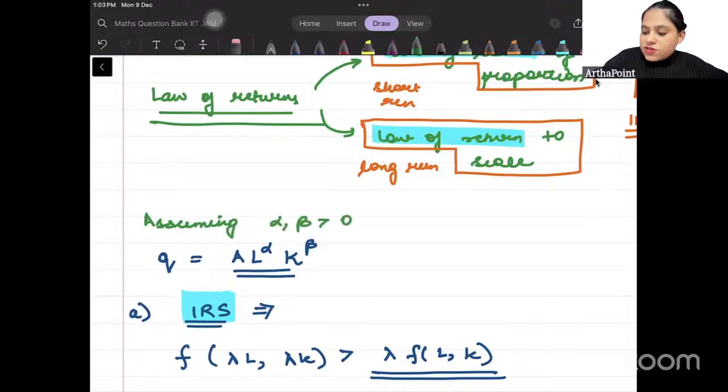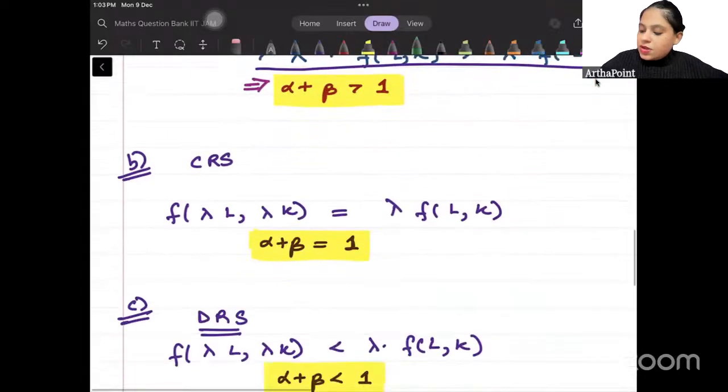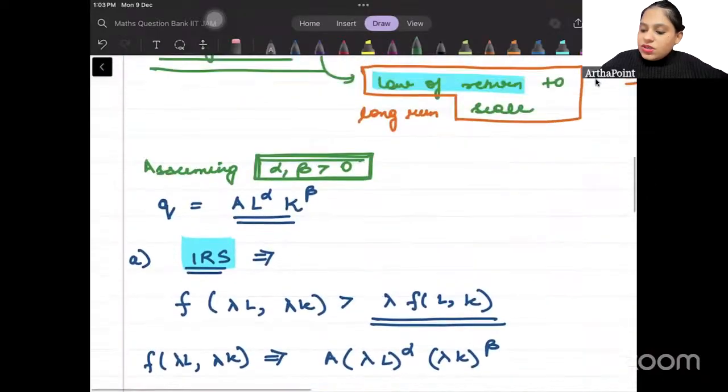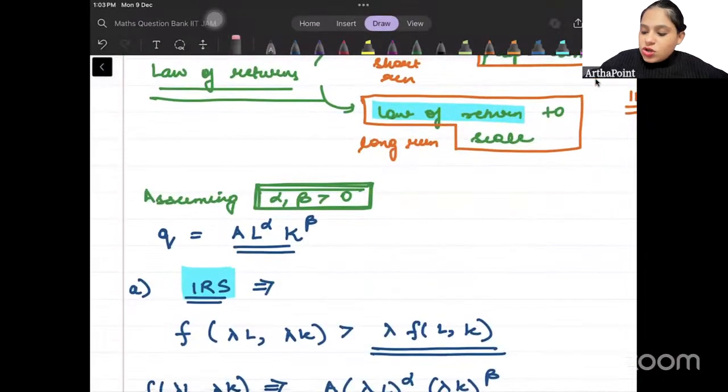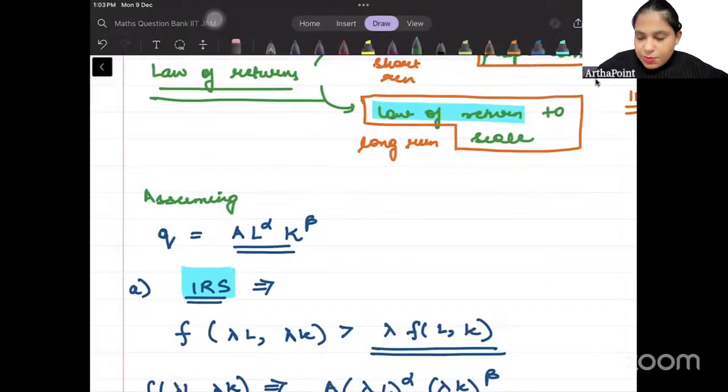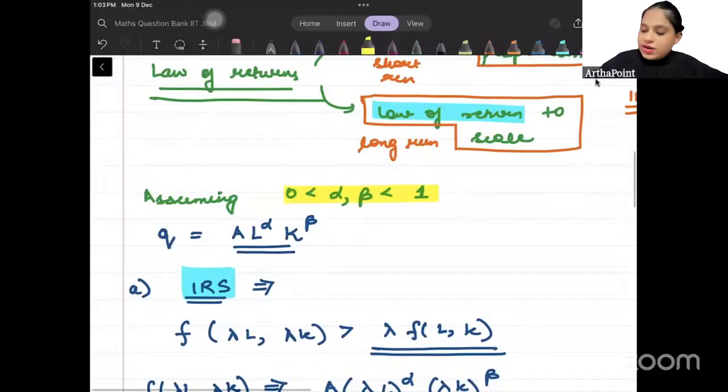They are positive. And not only that, to be precise, you can assume that alpha and beta are between 0 and 1.